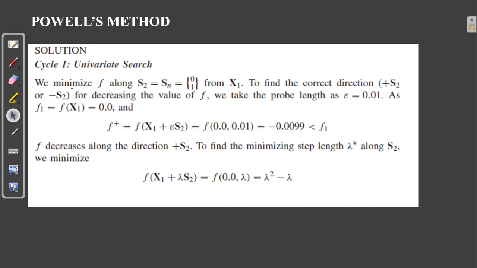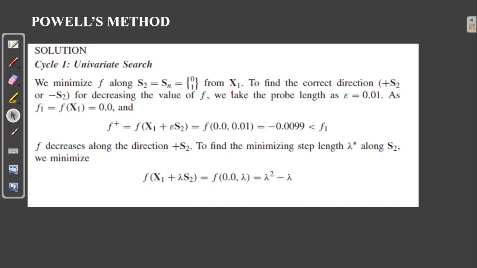That means we minimize f along S2, where S2 is taken as (0, 1), from x1. To find the correct direction, plus S2 or minus S2, we follow the same step we discussed in the univariate method.